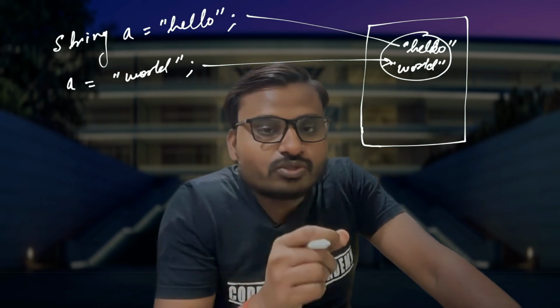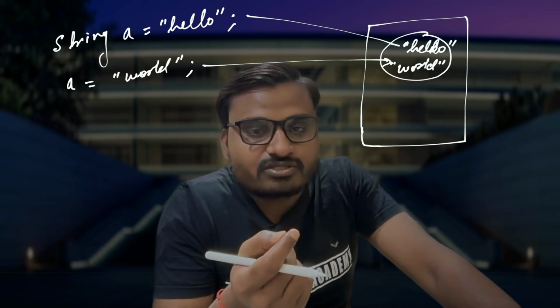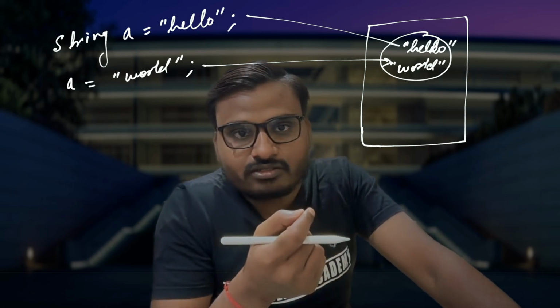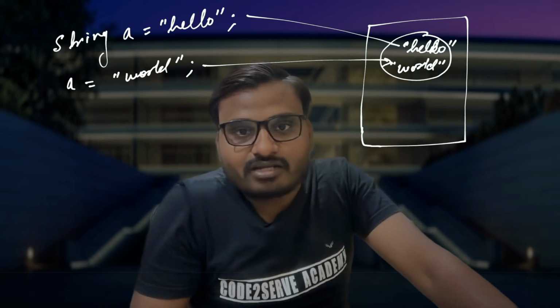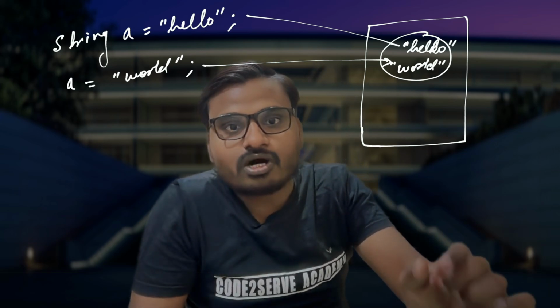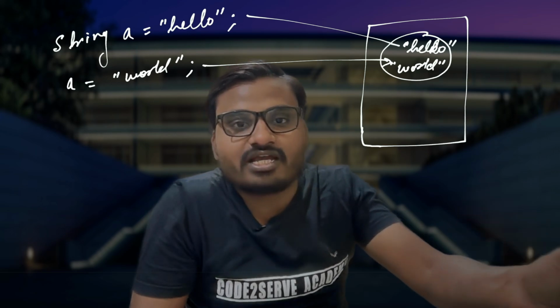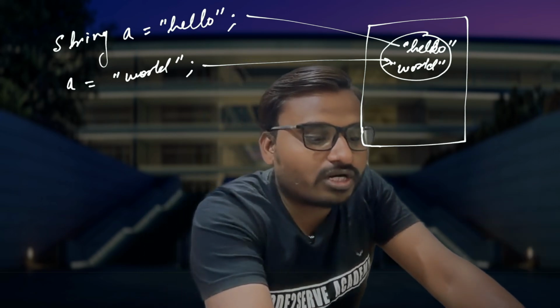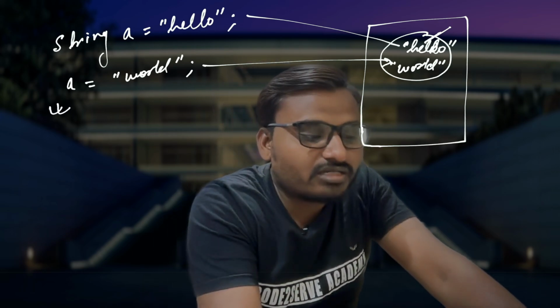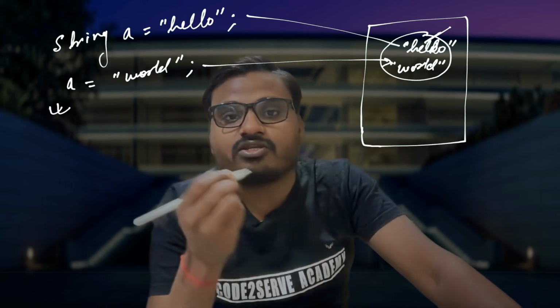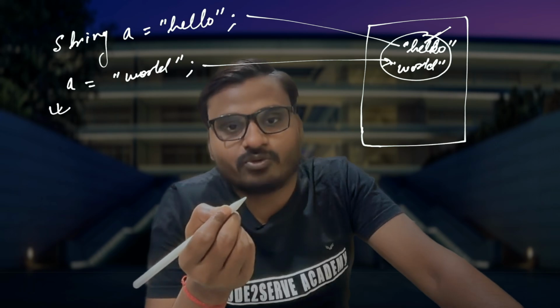Instead, a new value location is getting assigned to a. So that is immutable. Immutable is like once you declare, you are not able to change the state of that variable. That means you are not able to change it in the same memory location, right? Even though we are able to change it, the change is taking place in a new memory location. So this is immutable. And what is mutable?